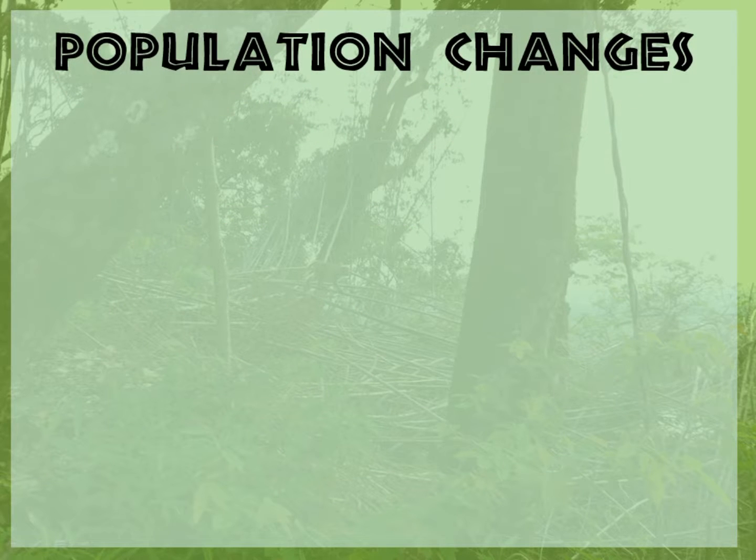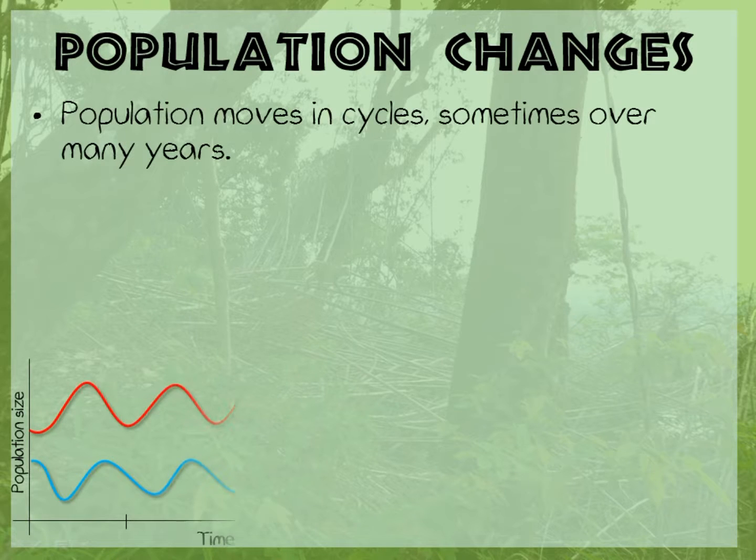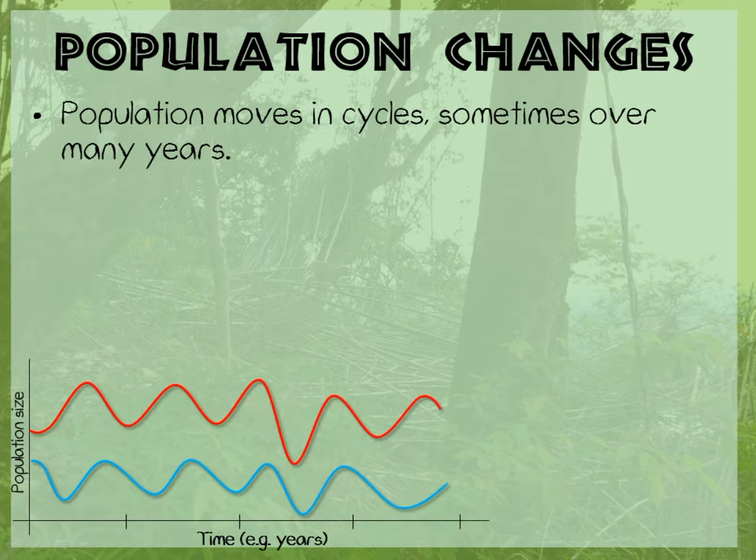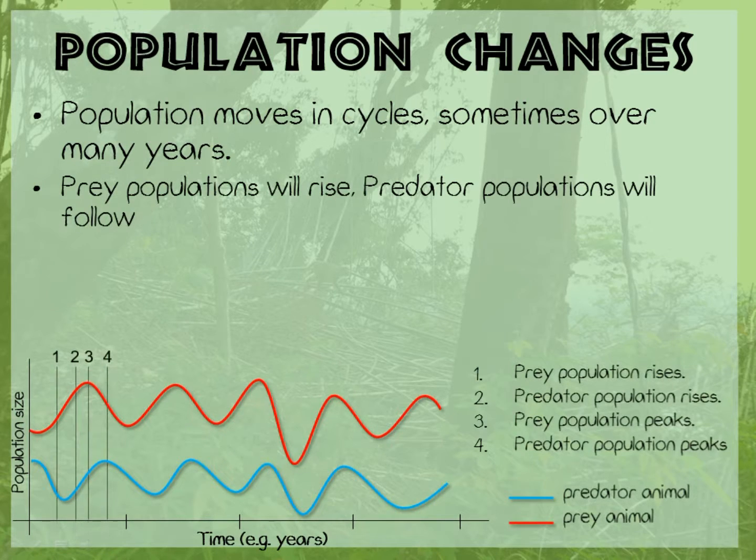So let's look again at population changes, now thinking more about a predator-prey relationship. Here we have two populations changing over time, and the top red graph is the prey animal, and the bottom blue graph is the predator animal.